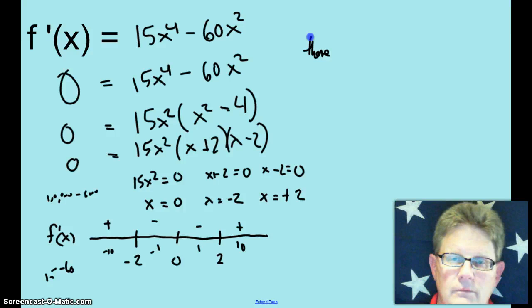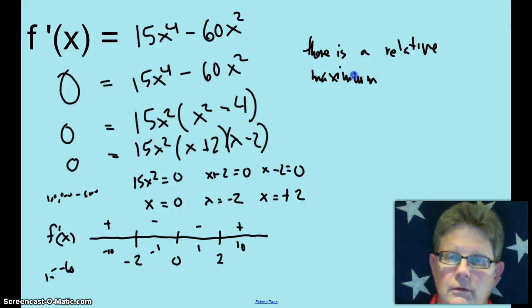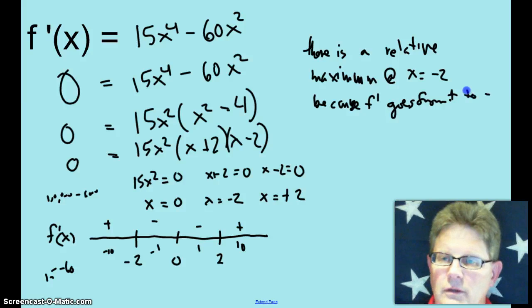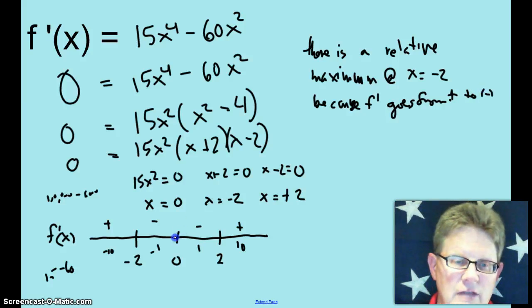There is a relative maximum at x equals negative 2 because f prime goes from positive to negative. At 0, it does not have a sign change at all, so there's no relative min or max there. I bet there's a point of inflection there. We'll talk about that later.